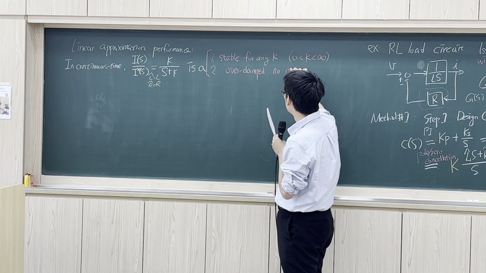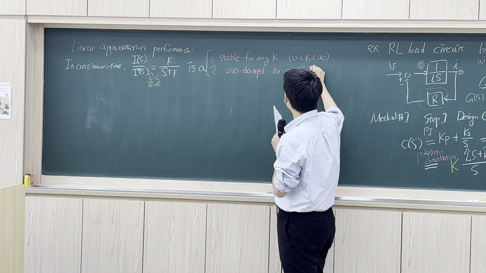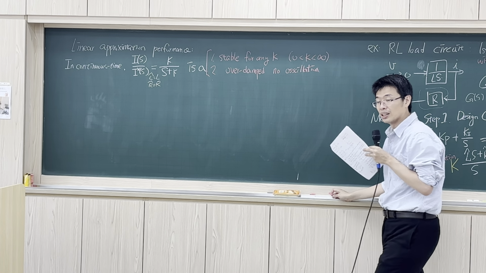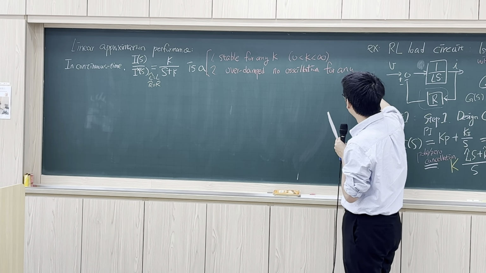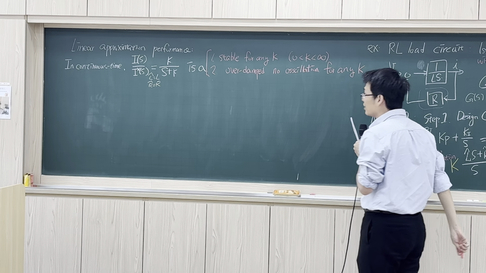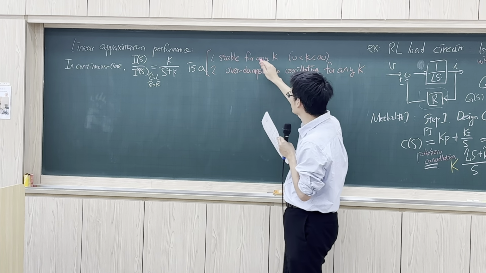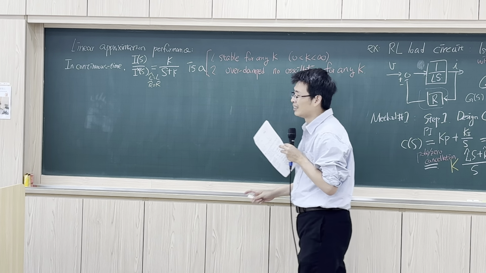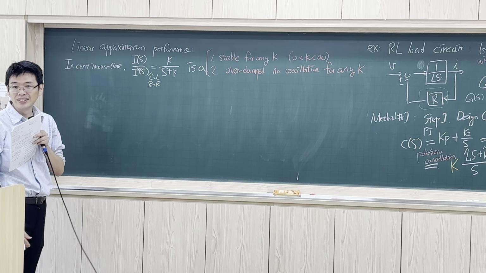No oscillation system. Again, for any controller gain k decided, it will always be a stable, no oscillation overdamped system in continuous time. How about in discrete time?